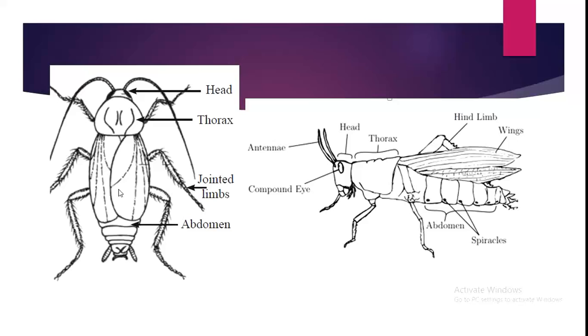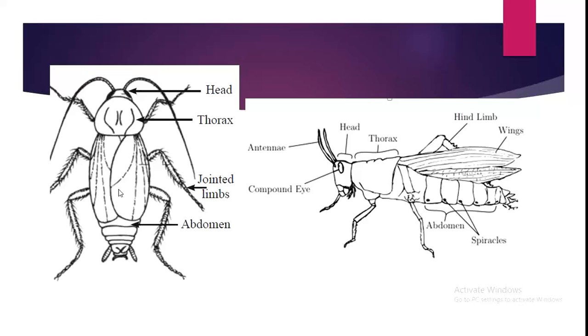If I revise the characteristic features, in Cnidarians you have to remember that they are the group or the phylum having only two germinal layers, therefore they are known as diploblastic animals.